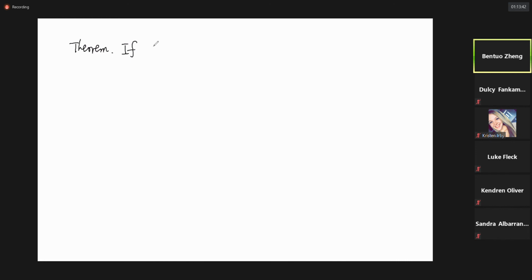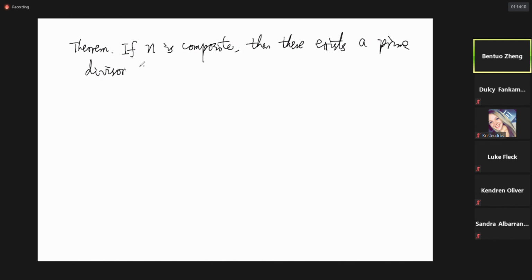So if n is a composite, then there exists a prime divisor p of n such that p is less than or equal to the square root of n.